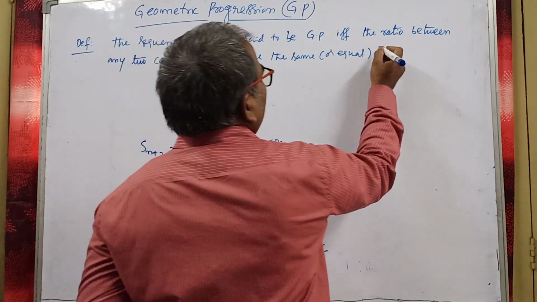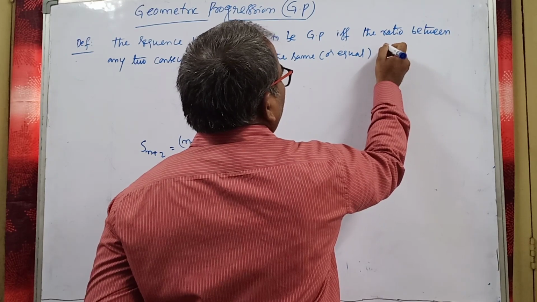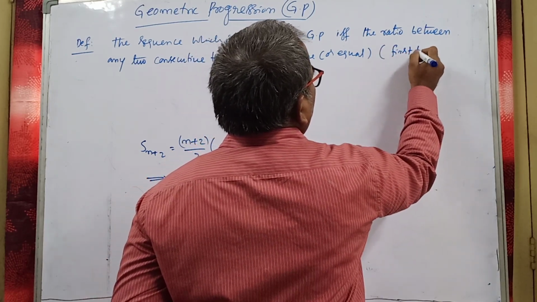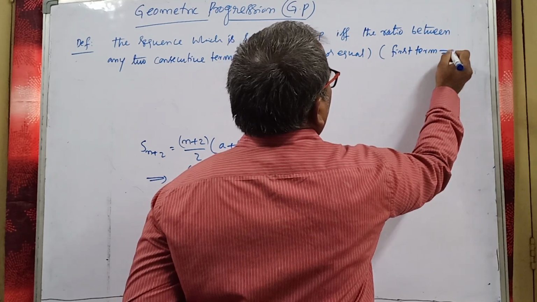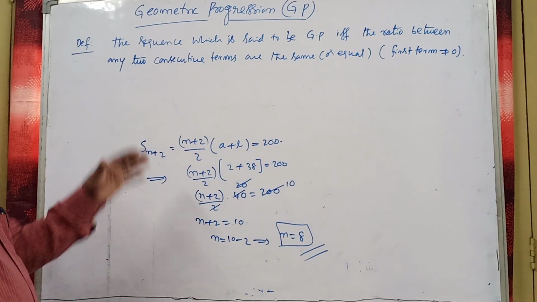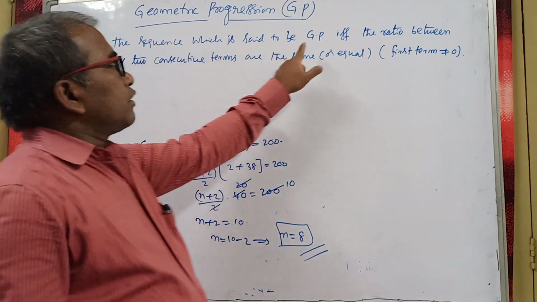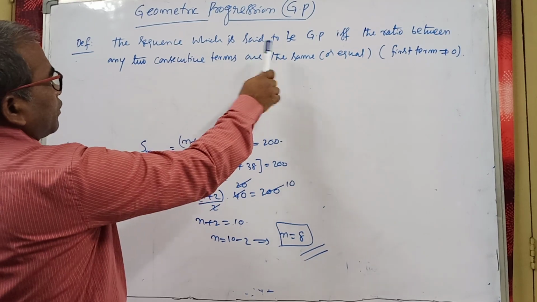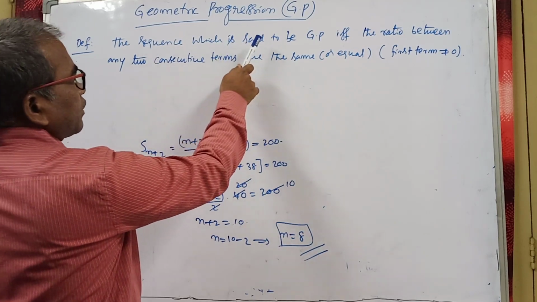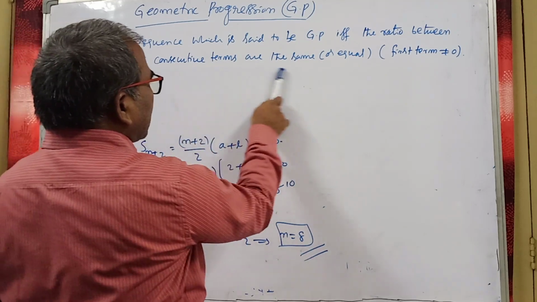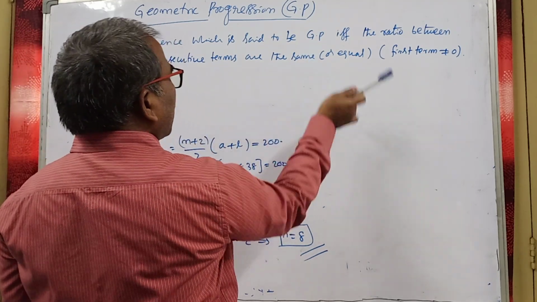Condition here: the first term should not be 0. First term not equal to 0. Then the sequence is called a GP. Any sequence which follows this condition is called a GP.